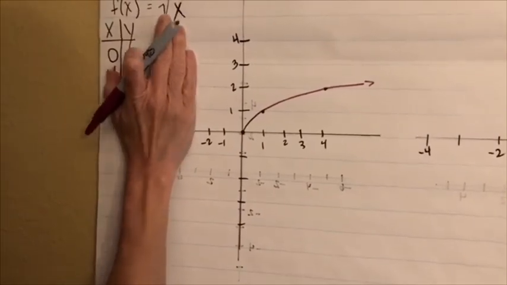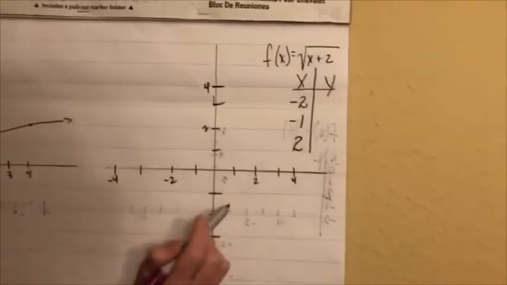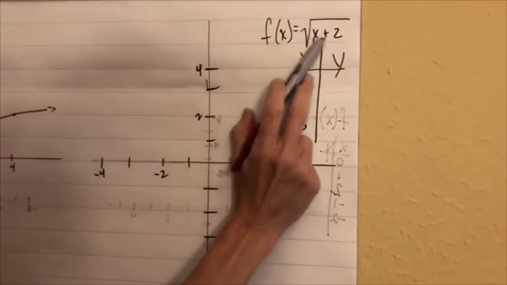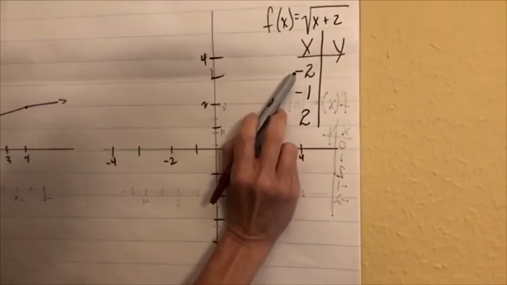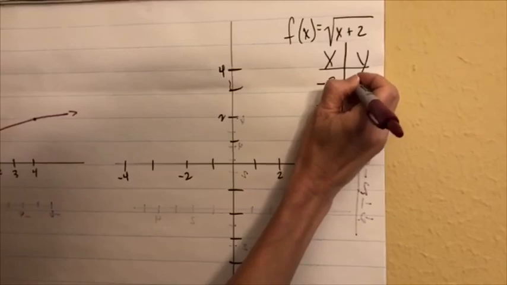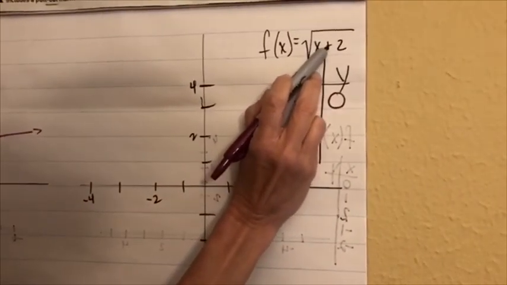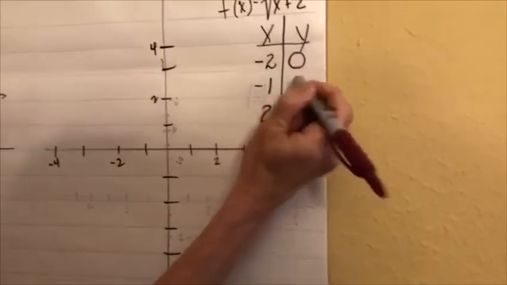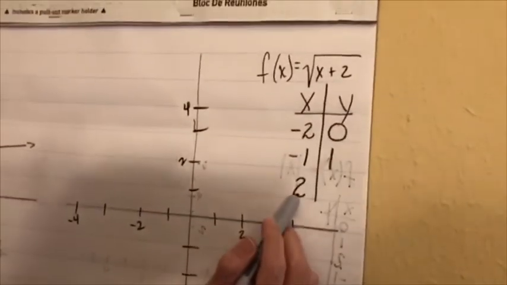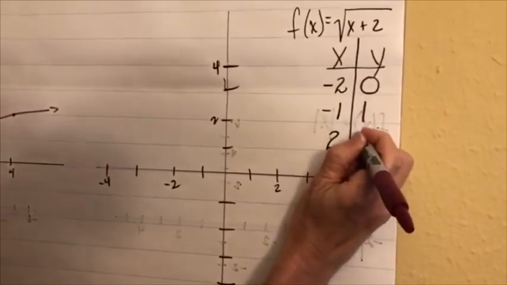All right, so now what happens when we are shifting this graph? So that's what we're doing here, the square root of x plus 2. Well, when x is -2, y will be 0. When x is -1, -1 plus 2 is 1, and the square root of 1 is 1. When x is 2, 2 plus 2 is 4. The square root of 4 is 2.